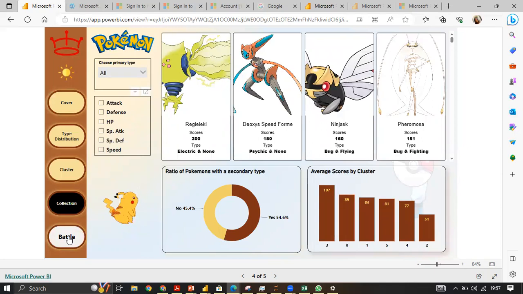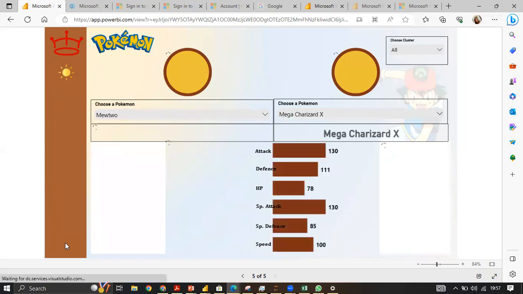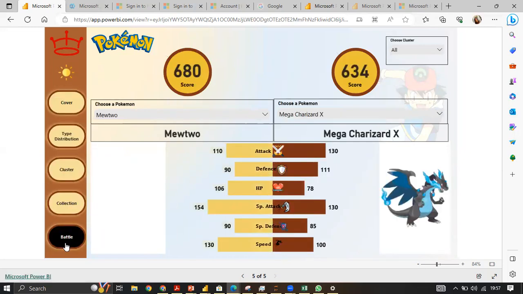Okay, this is the battle page. I feel this answers our last objective, to compare pairs of Pokemons in preparation for battle. It's like you want to pick two Pokemons for battle. I say I want to pick Mewtwo and Mega Charizard X. So this is to compare their battle metrics to see what they have and how best to prepare for the battle, or to prepare the tactics you use.